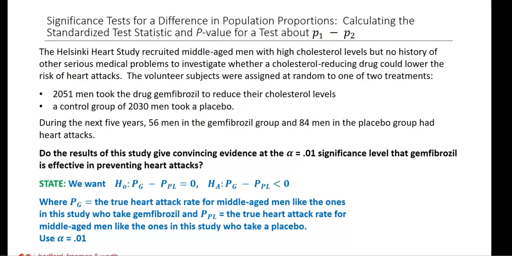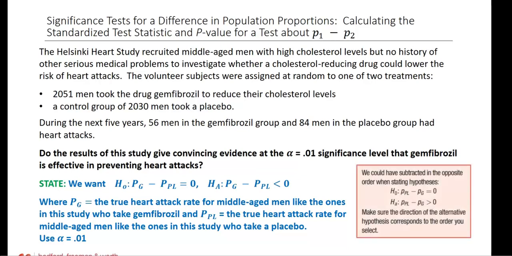So the proportion of middle-aged men, like the ones in the study, who took the drug, and what their heart attack rate was. And then the PL is the heart attack rate for the middle-aged men who took a placebo. Don't forget to mention the alpha is 0.01.